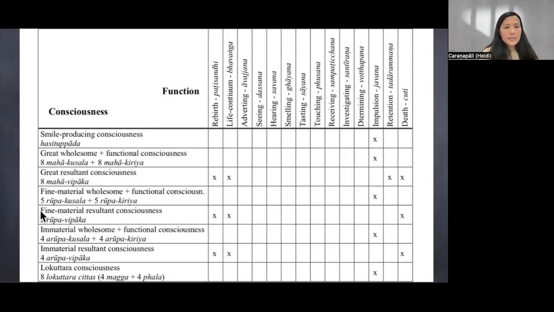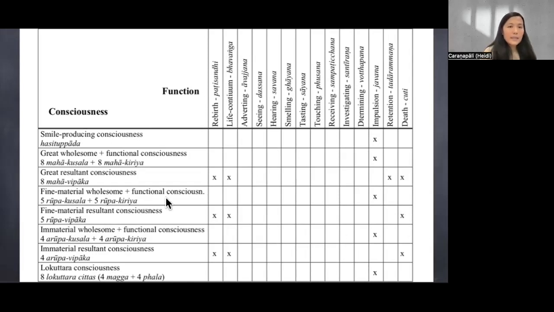Then let's look at the 5 material, wholesome, and functional. So these are the jhana cittas, right? The jhana cittas also happen during the javana. It's active, no? The person is practicing samatha meditation, so it happens here in the javana. Now, its resultant can only perform rebirth, life continuum, and chuti.